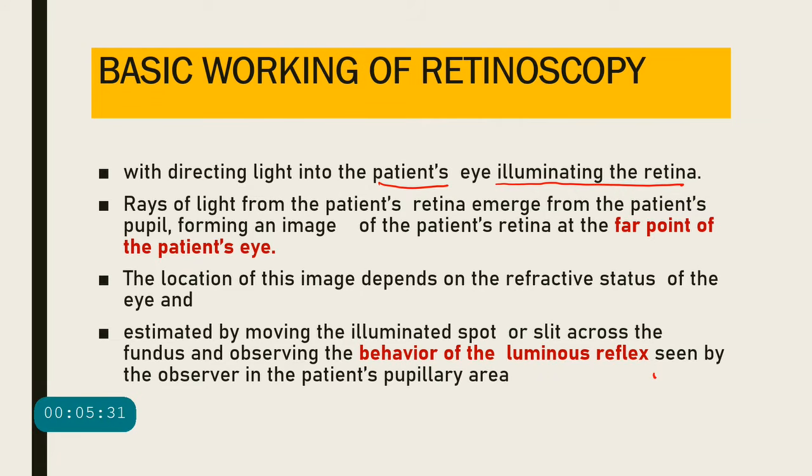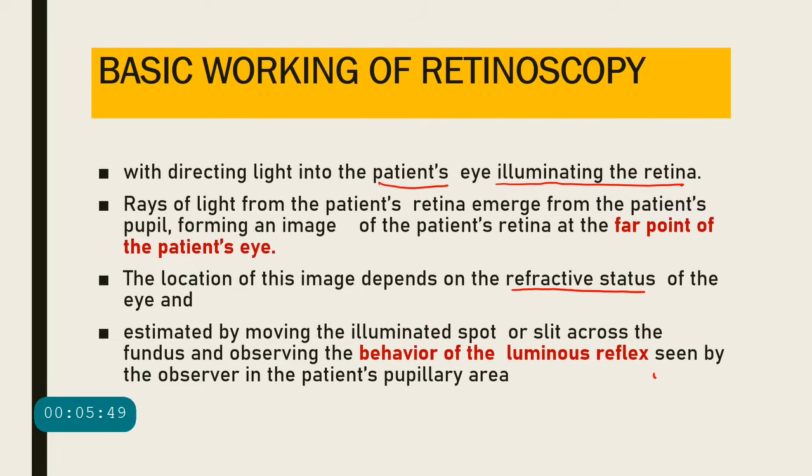Now the location of this image will depend upon the refractive status of the eye, as I already explained to you, whether it will be formed at infinity, less than infinity, or more than infinity, and what will be the nature of the rays which are coming from the fovea or the retina of the patient.